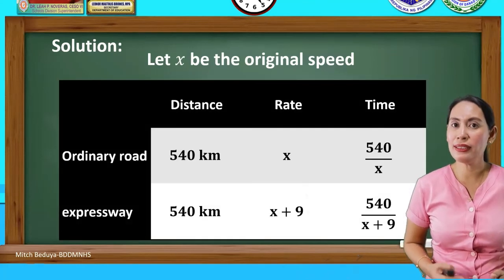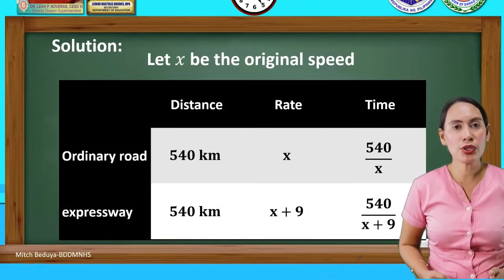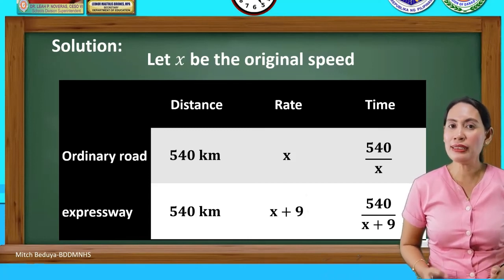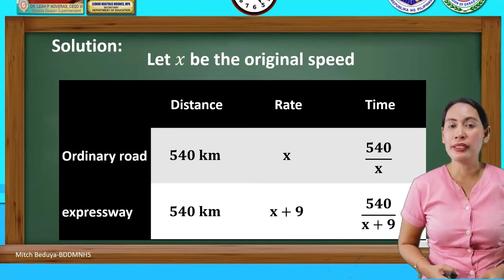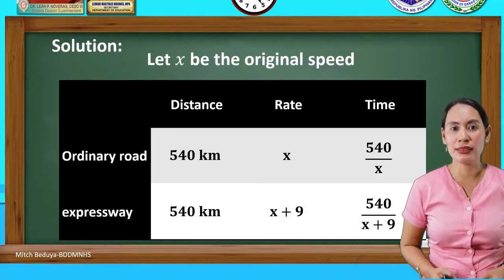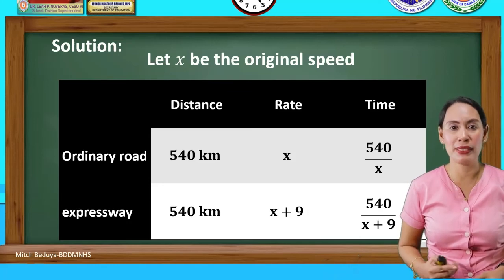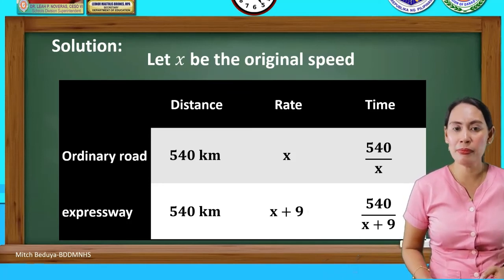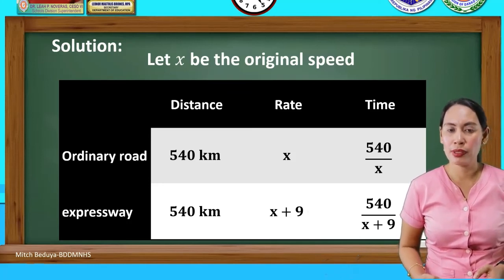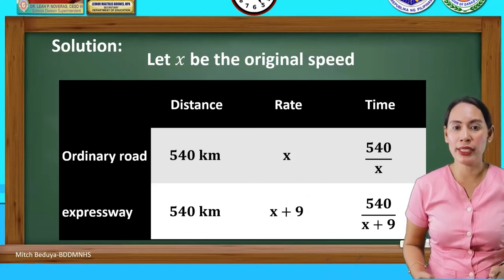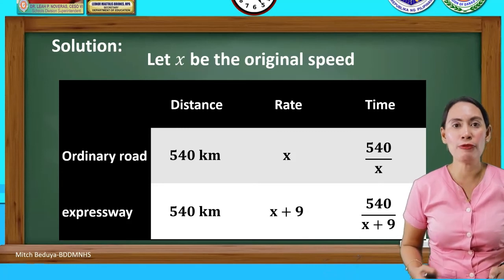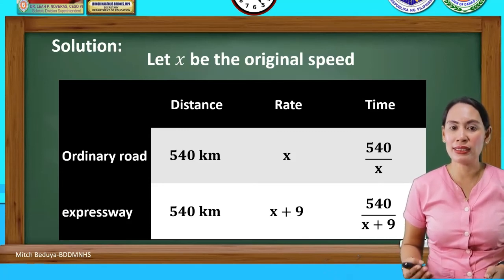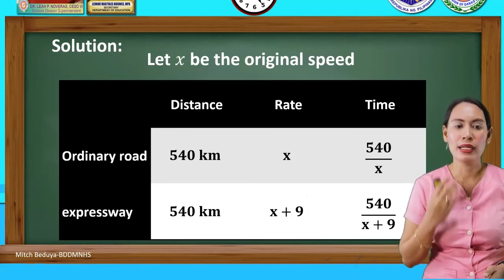Based on the presented table, if the motorist uses the ordinary road, his distance was 540 kilometers. Then the rate is x. That will be the original speed. Then the time it takes for him was 540 over x, because the formula for time is distance over the rate.